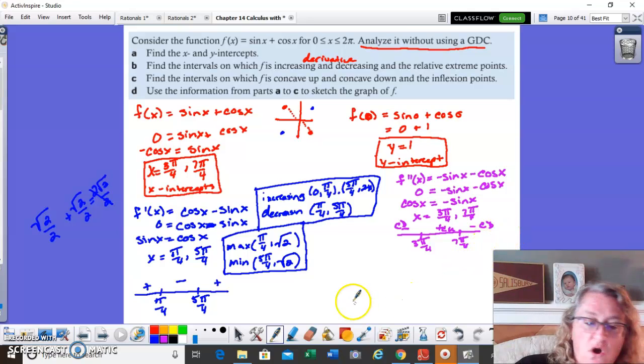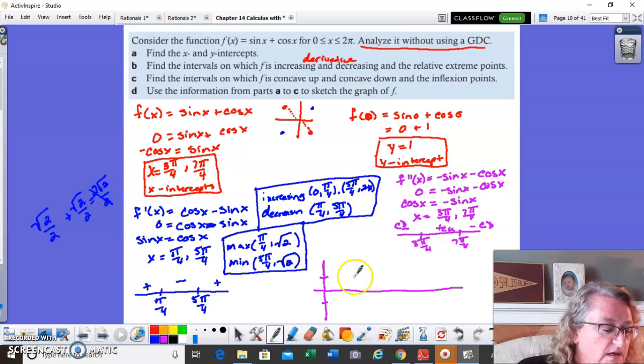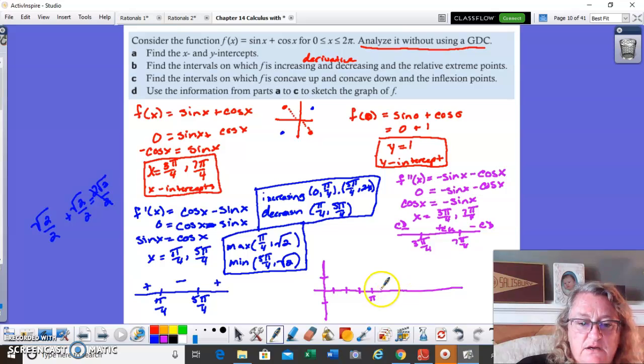Okay. So all of that was to be able to throw these points on a graph. There's one. There's one. And we were going from 0 to 2 pi. So let's go pi over 4s. 1, 2, 3, 4. So that's pi. 1, 2, 3, 4. So that's 2 pi.